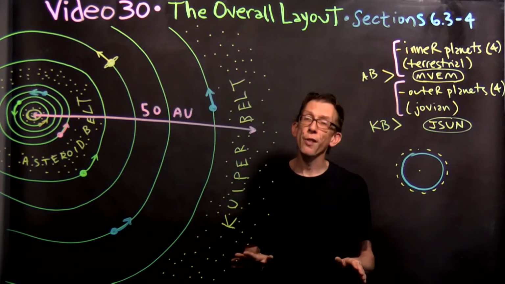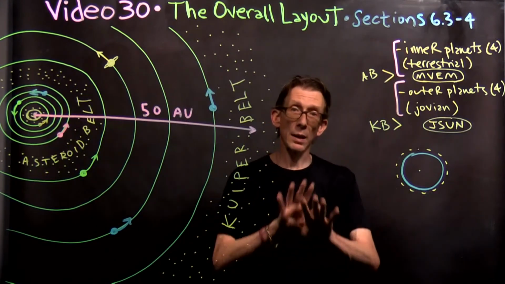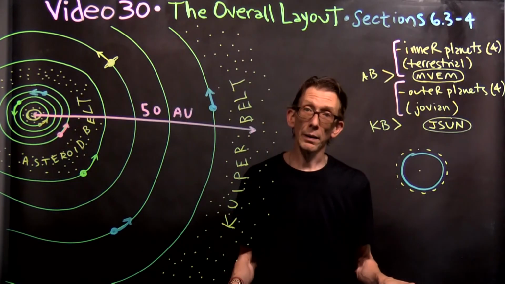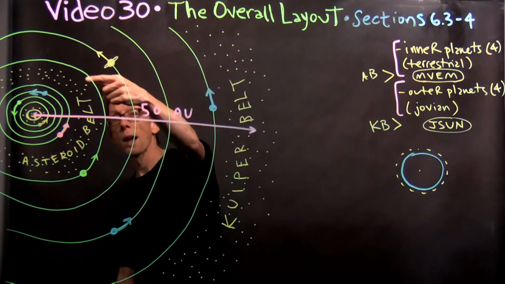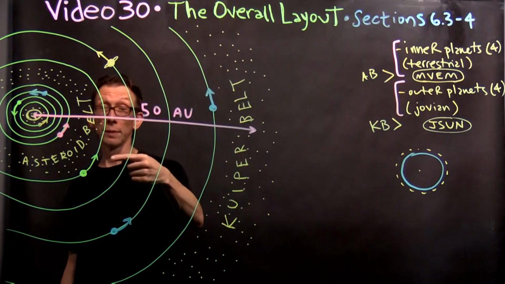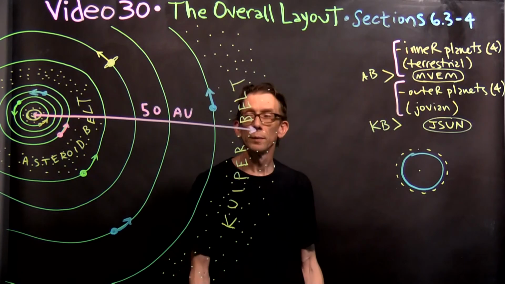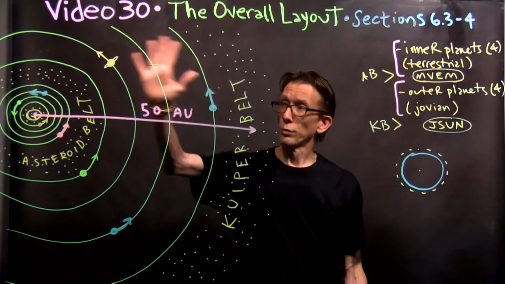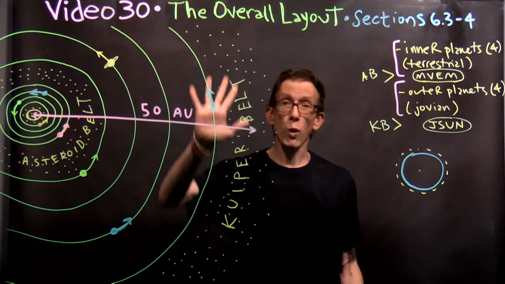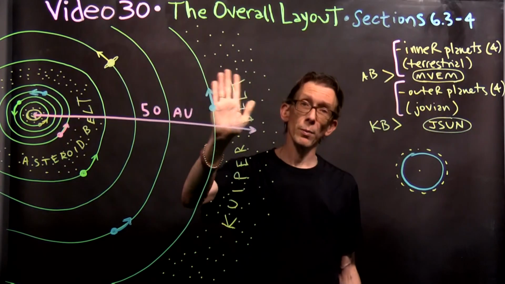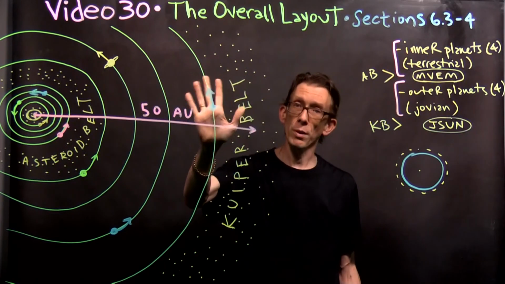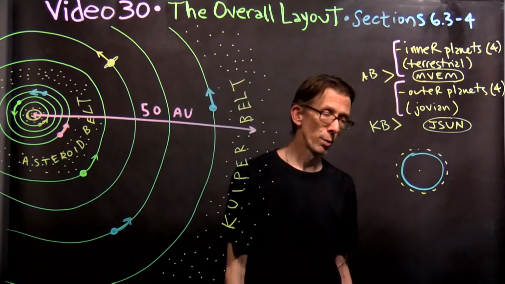But for the most part, they all orbit in the same plane. In other words, none are coming way out of the board here and going back inside. In this picture, they all stay roughly in the board. Some come a little bit above it, some go a little bit inside of it, but they stay pretty much in the plane of the board.